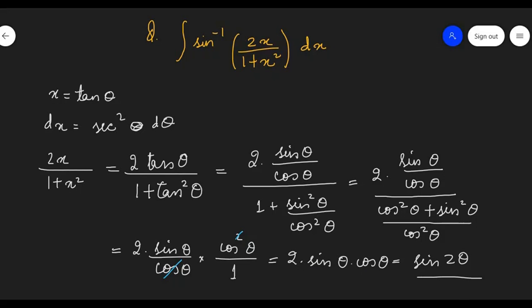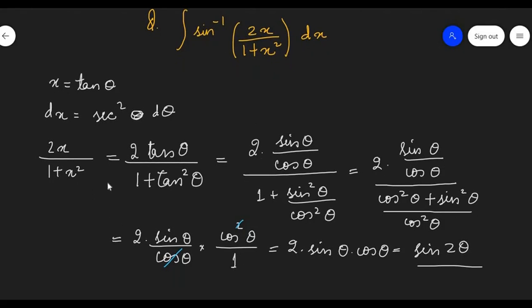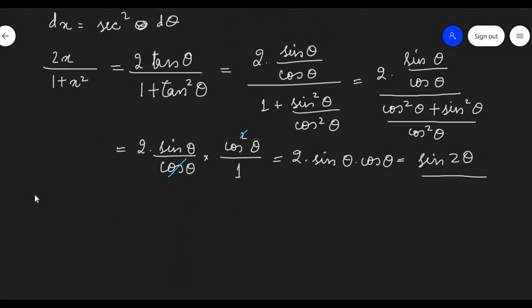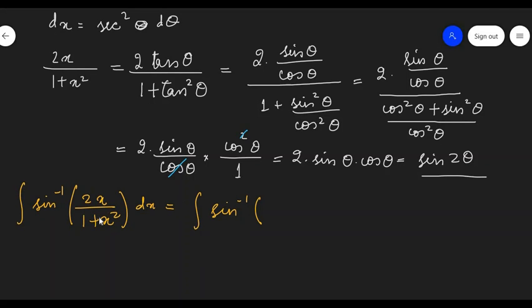And now let's use these three values in the original problem and simplify it. So I can write integration of sine inverse 2x upon 1 plus x square as integration of sine inverse, and 2x upon 1 plus x square we have calculated as sine 2 theta, and dx is sec square theta d theta.